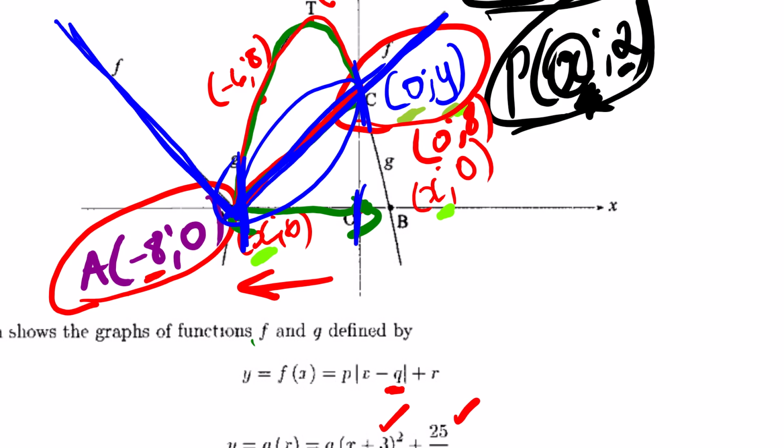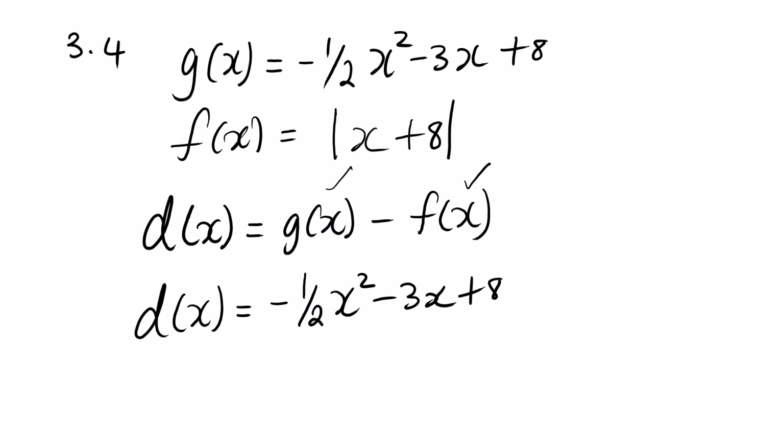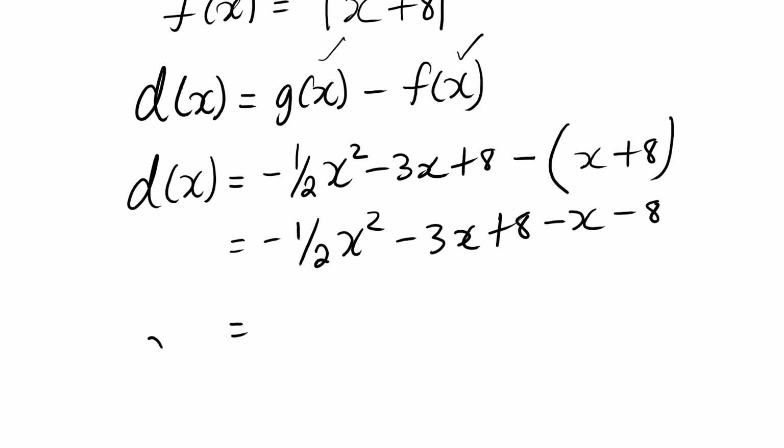There is a lesson video whereby we actually explain these absolute value graphs. We go ahead and substitute: minus x plus 8. It's negative x minus 8, and then from there negative 1 over 2 x squared.